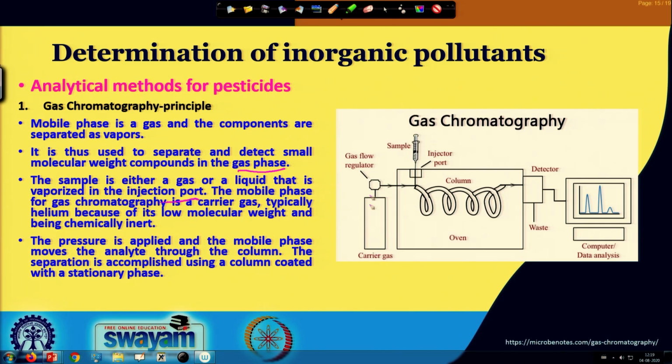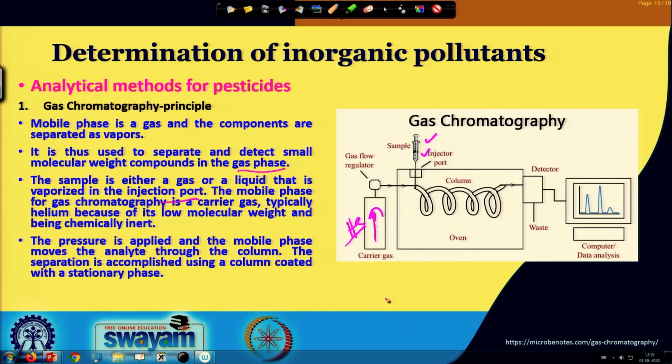You can see there is a carrier gas which is used to carry the sample. Typically, it is helium because of its low molecular weight and being chemically inert.